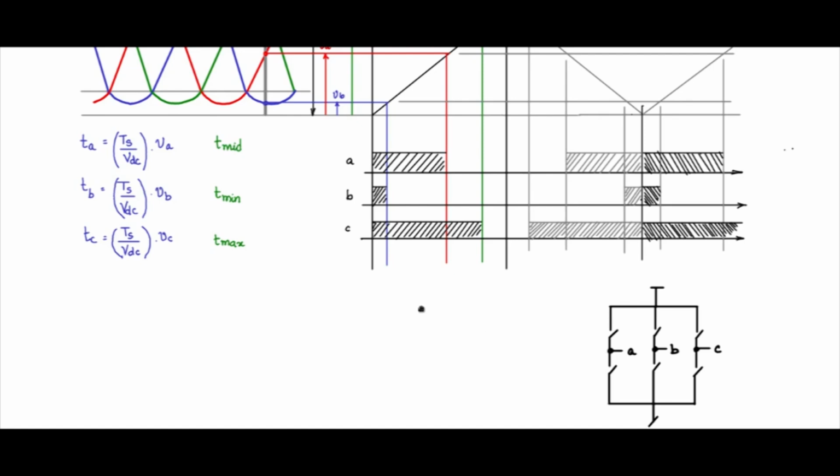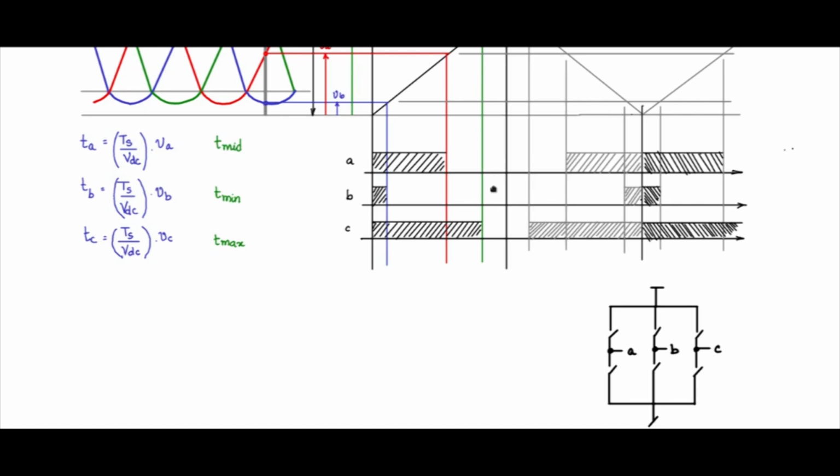Now if you observe during this time, A is high, B is high, C is high, this is high, this is high, this is high, all are connected high, which means the space vector is 0. So this would correspond to 0 time. Another time is here in the same TS period.